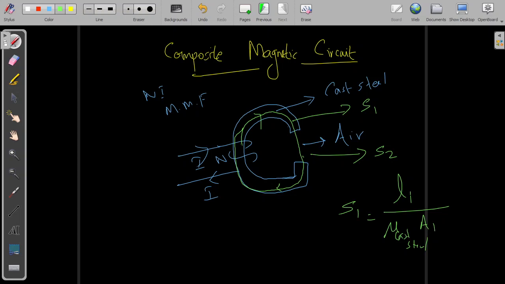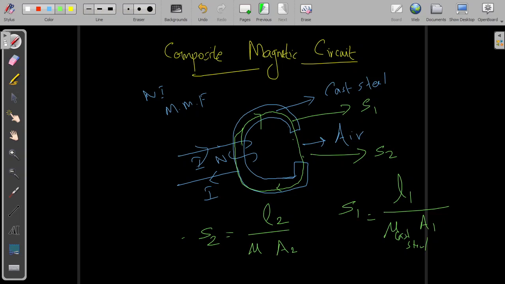This S1 is different from S2. S2 is again L by mu A, but the length is much shorter, so this is L2, and the area is A2.